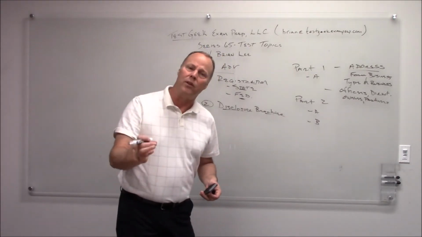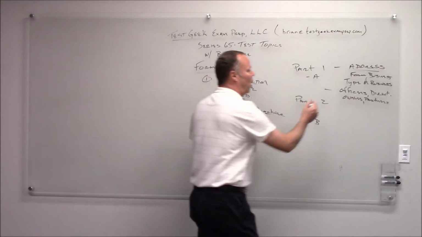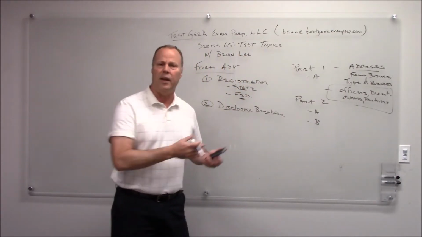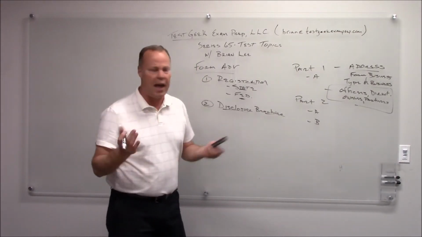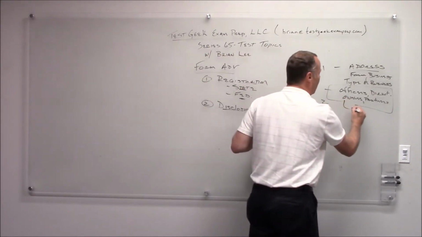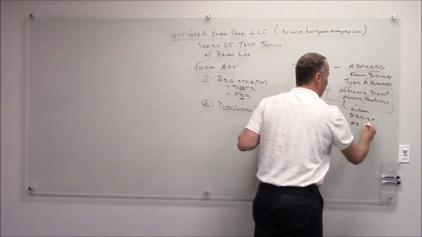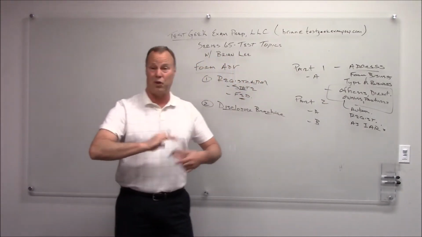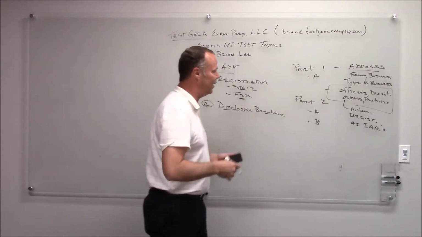But that's important because in an entirely separate test question, what you'll often find is a question that would be, who is automatically registered as an investment advisor rep? And of course, it's these guys, the officers, directors, owners, partners, who are automatically registered as IARs, investment advisor representatives. That's almost always a testable question. It's been on the test for as long as I've known, at least 20 years or so.